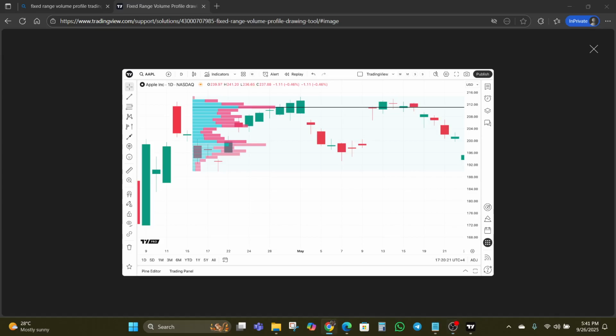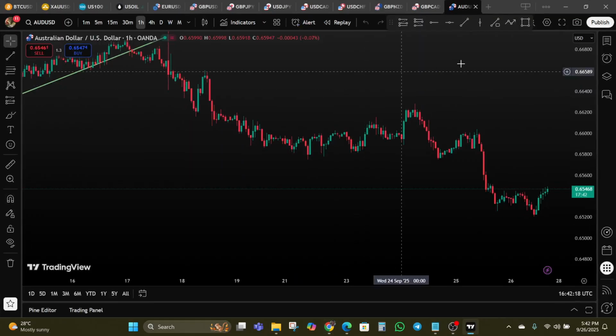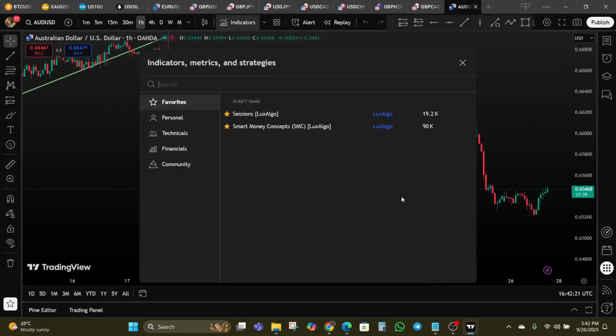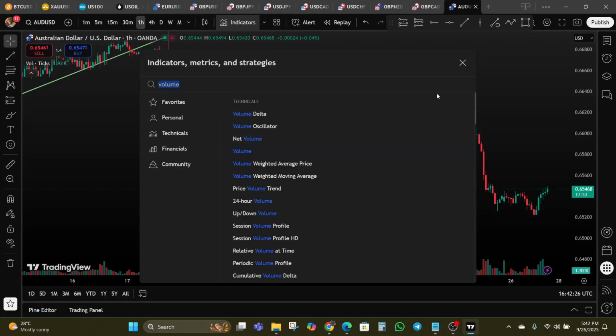So the fixed range volume profile is a charting tool that displays the amount of trading volume at each price level over a chosen time period. Unlike standard volume indicators that show volume by time only, I'm going to go back here and load a volume indicator. We want to briefly look at the difference.